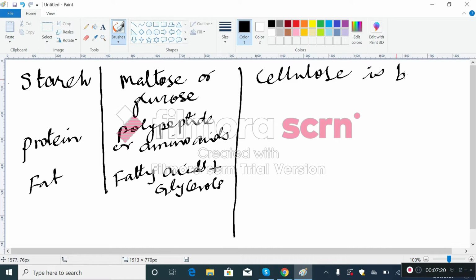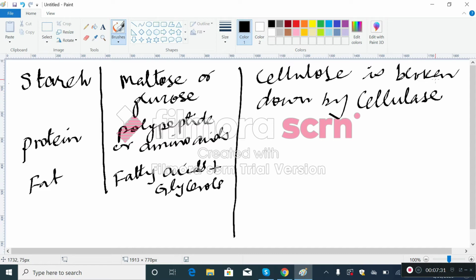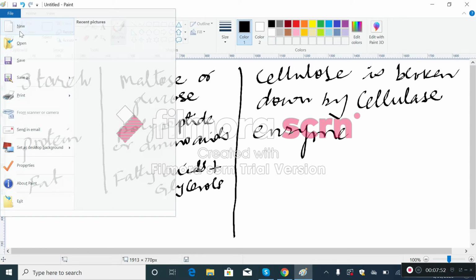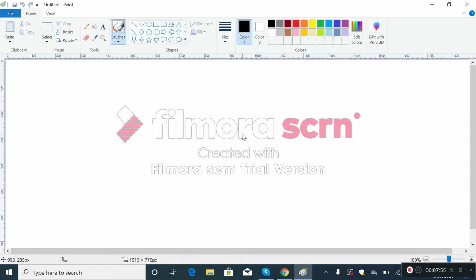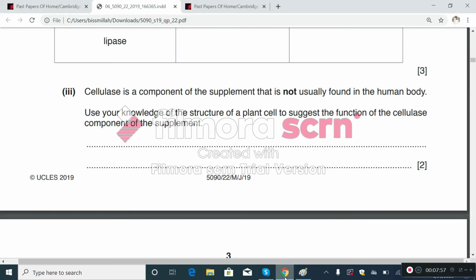Cellulose is broken down by cellulase enzyme. So this is the main function of this cellulase enzyme, to break down cellulose, to digest cellulose.